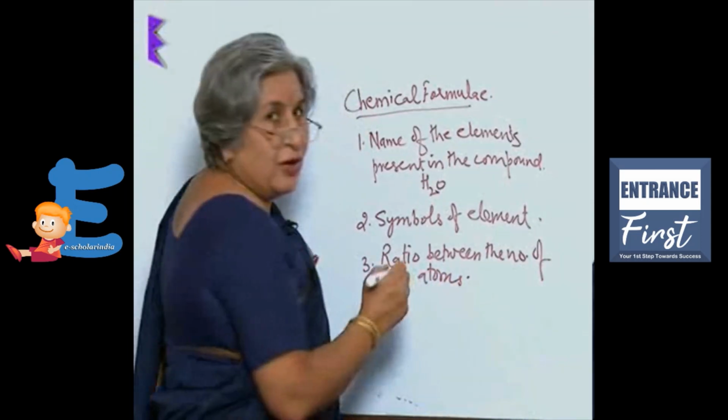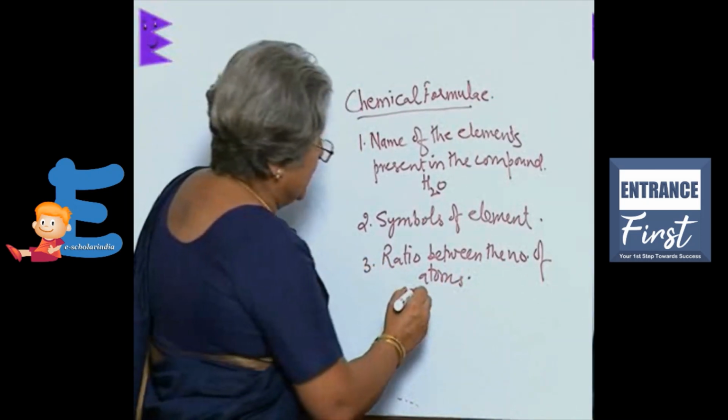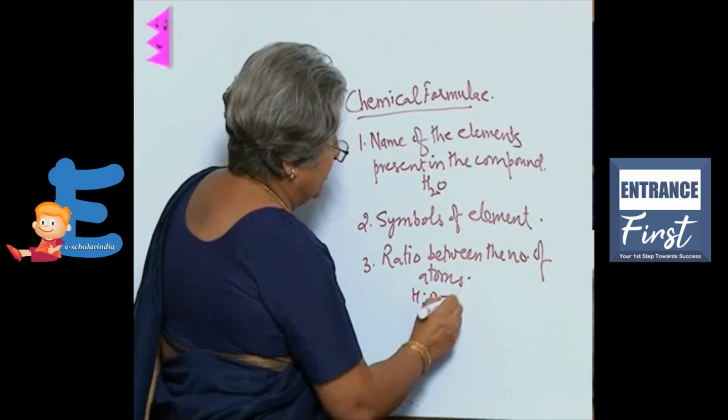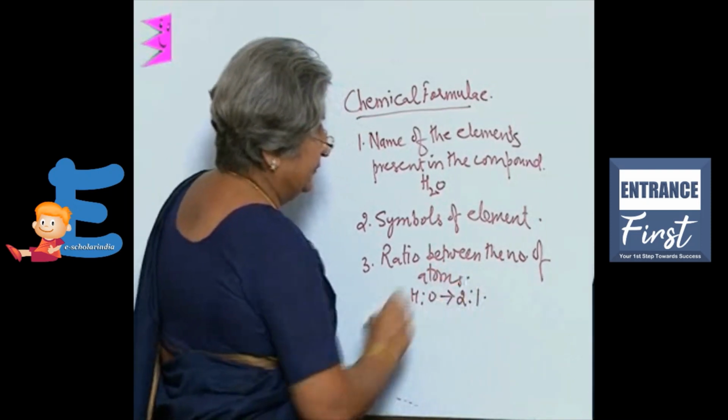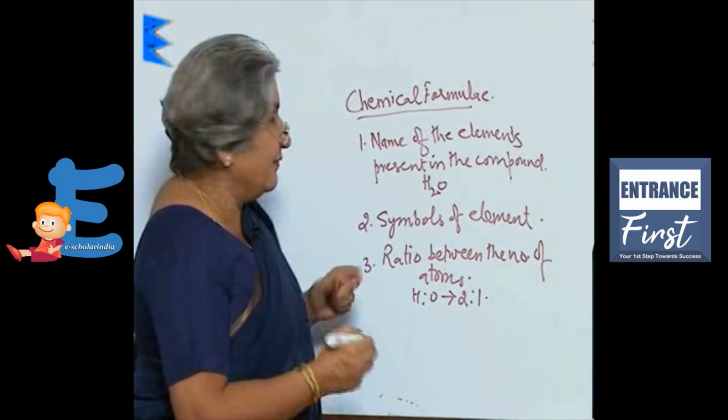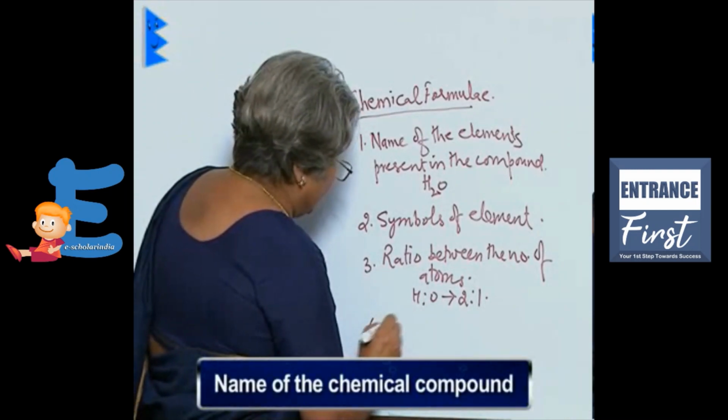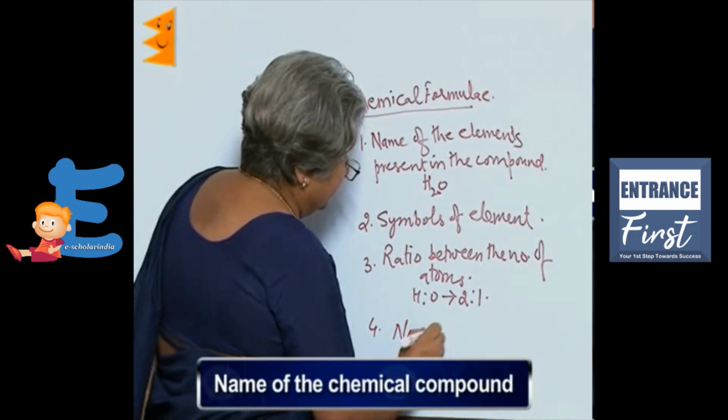So, in case of water, the ratio between hydrogen and oxygen is 2:1. And we also come to know the name of the compound.